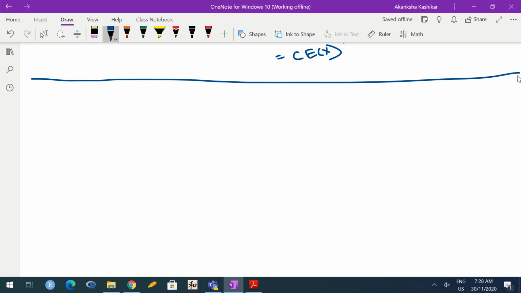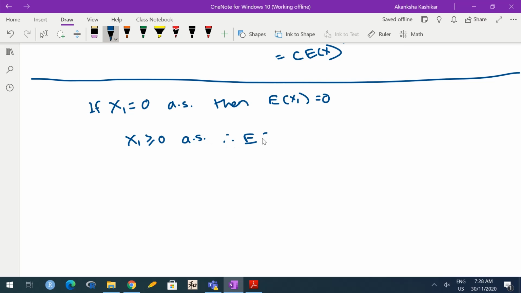Now we'll prove the next result. If x1 is non-negative and x1 is 0 almost surely, then expectation of x1 is 0. If x1 is 0 almost surely, I can write x1 is non-negative almost surely. Therefore, I will get expectation of x1 is greater than or equal to 0. Similarly, I can write x1 is non-positive almost surely, which is equivalent to saying minus x1 is greater than or equal to 0 almost surely.